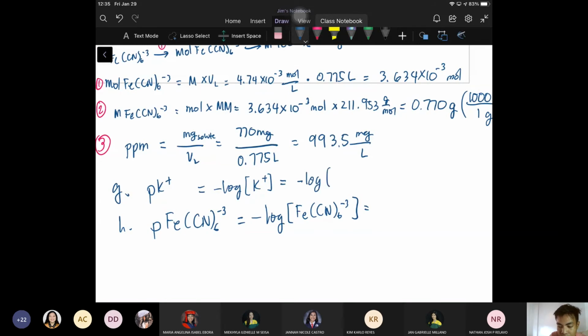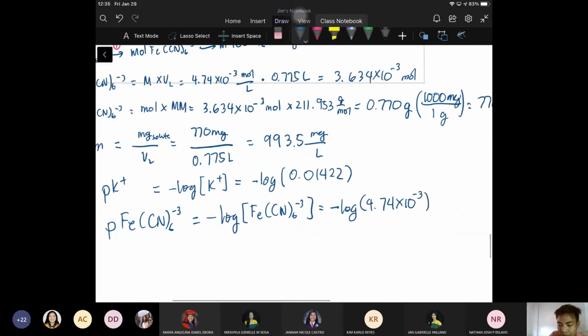So, kunin natin. For potassium, that's 0.01422 molar. And for FeCN6, -3. Ano yung concentration niya? 4.74 times 10 raised to -3. Okay? So let's solve for the pK and the pFeCN6 now. So solve natin.